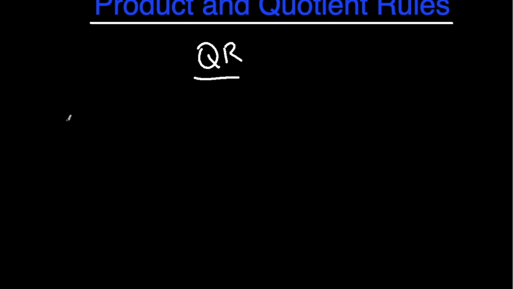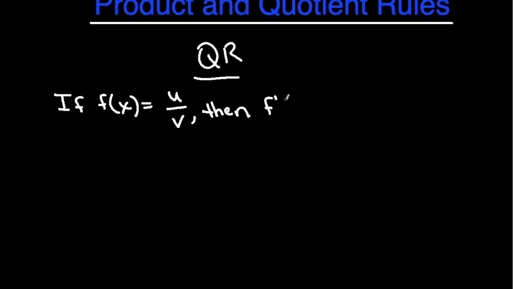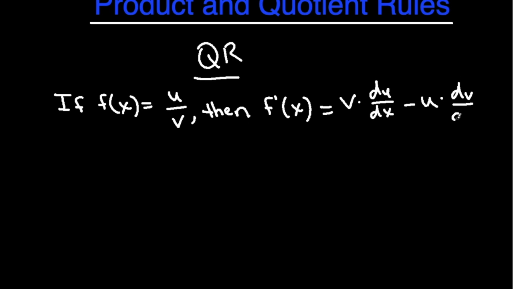So this rule says that if f of x is equal to u over v, then the derivative of f of x is equal to v times the derivative of u minus u times the derivative of v all over v squared.